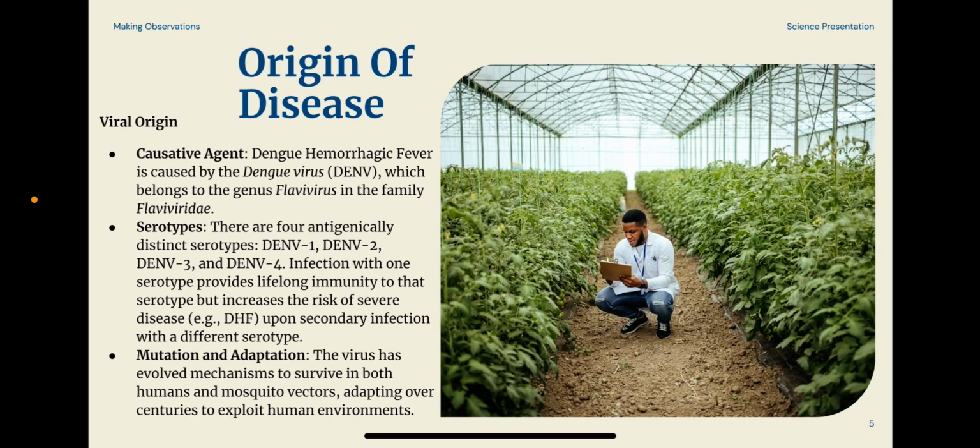The origin of the disease. Okay, the origin consists of the causative agent. The causative agent is the dengue virus, which belongs to the genus Flavivirus in the family Flaviviridae.